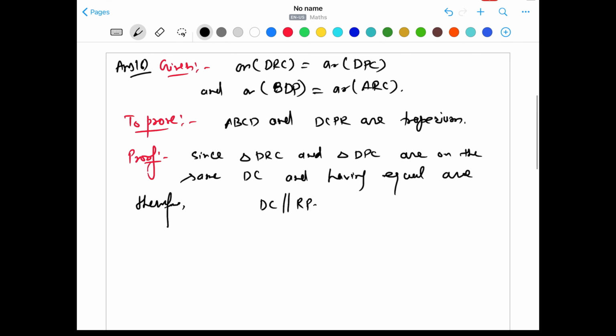Okay, hence the first one, that is DCPR, is a trapezium.